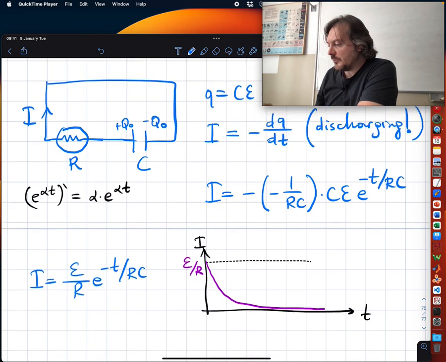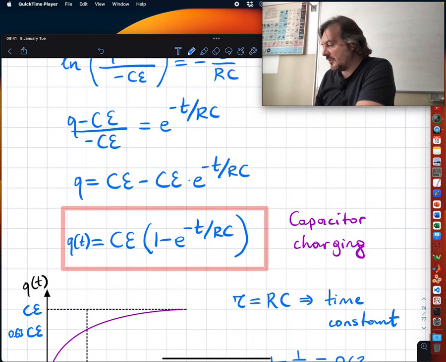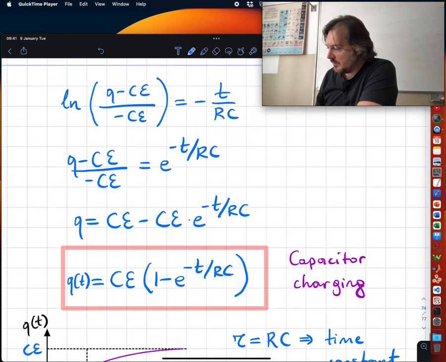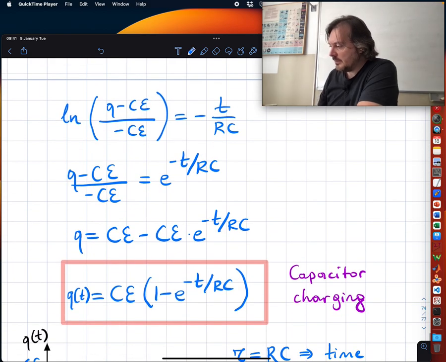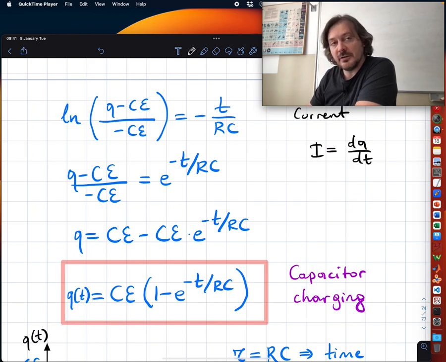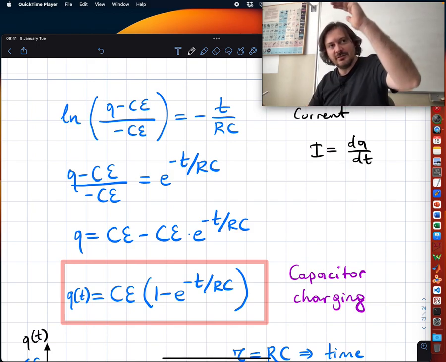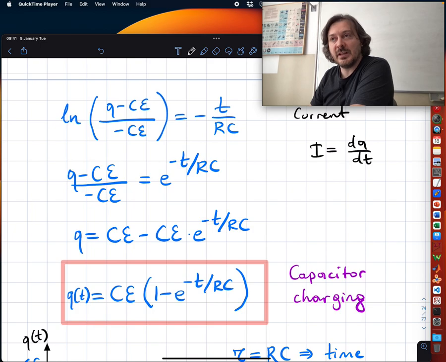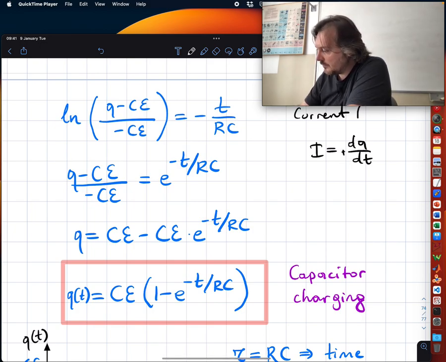As you mentioned, there is also a formula for the charging case. Let's also find the formula for the current in the charging case. So current in this case is I equals dq over dt. This is charging. Remember charging? So that's why it's plus dq over dt.